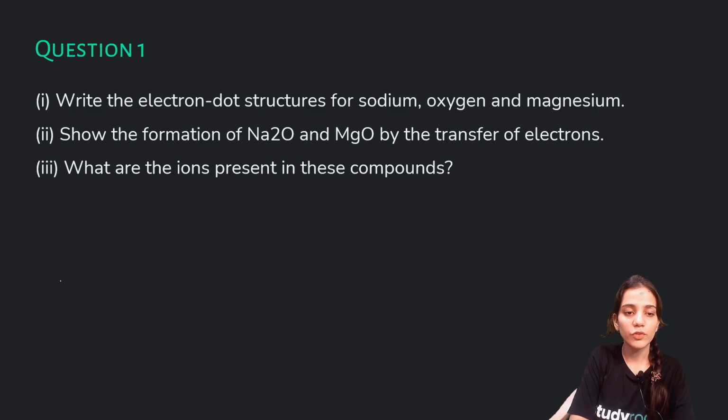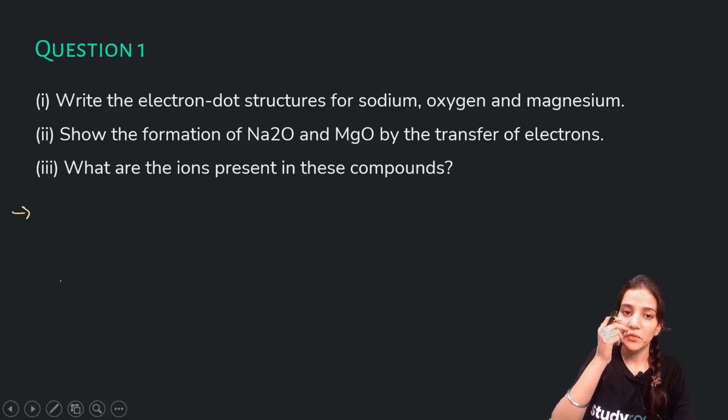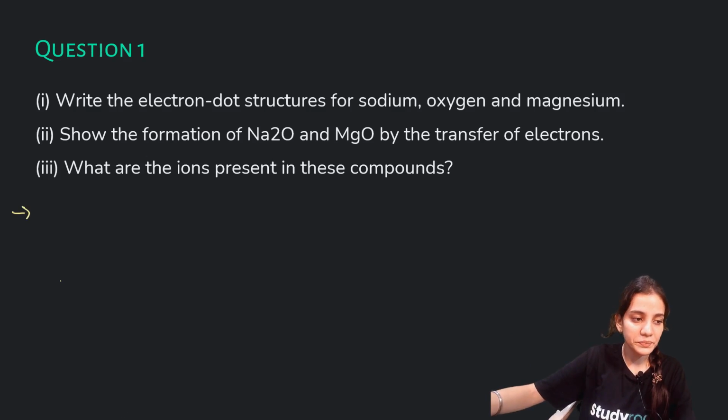Now we have to show the formation of Na2O and MgO by the transfer of electrons. I'll start with the configuration of Na. It has one electron in its valence shell. Atomic number of oxygen is 8.